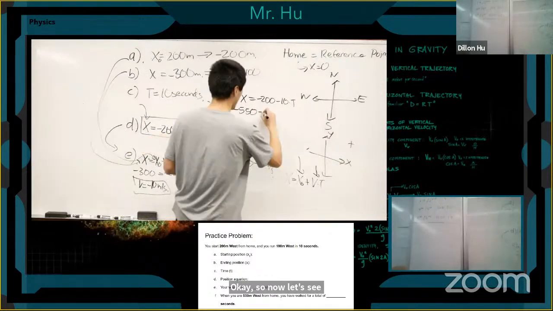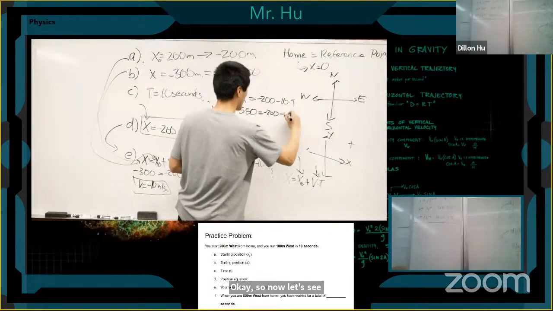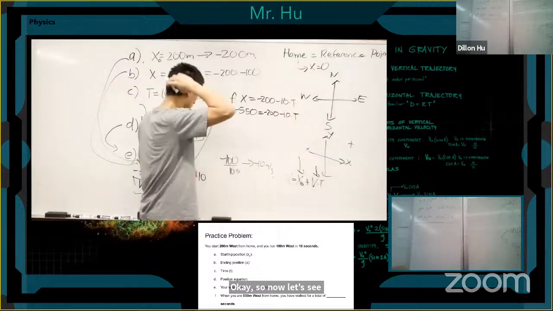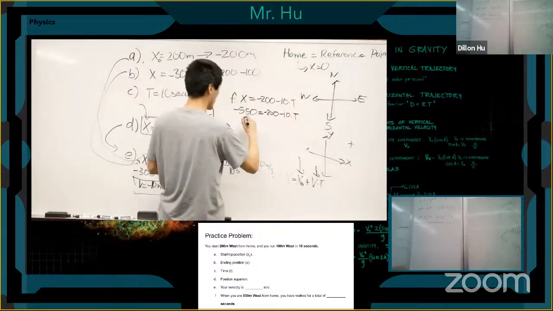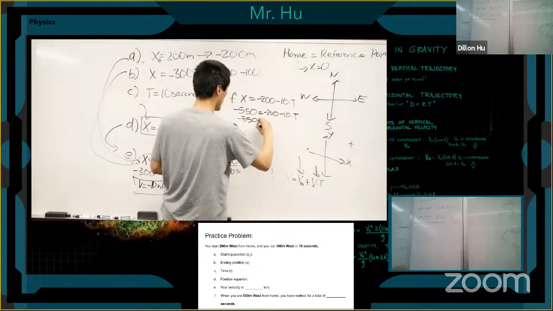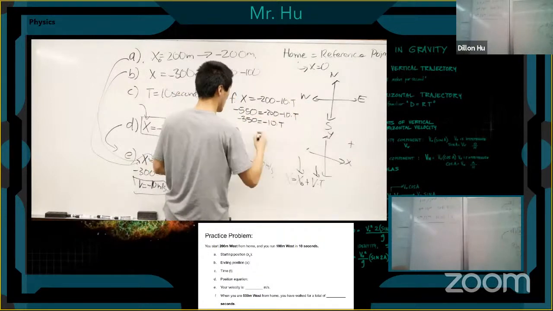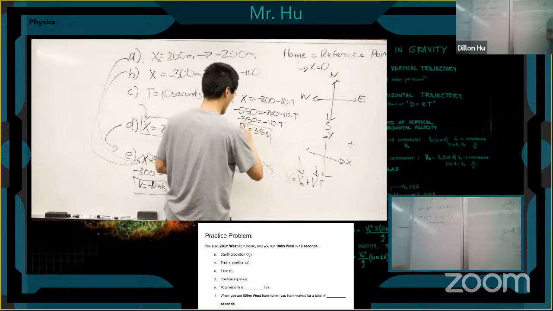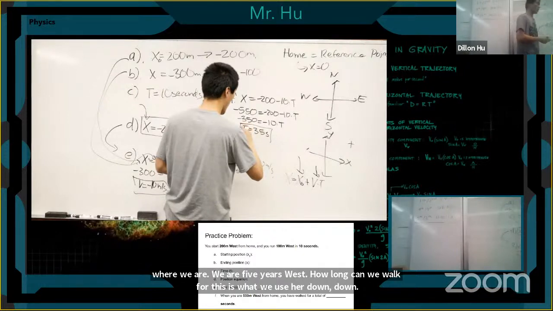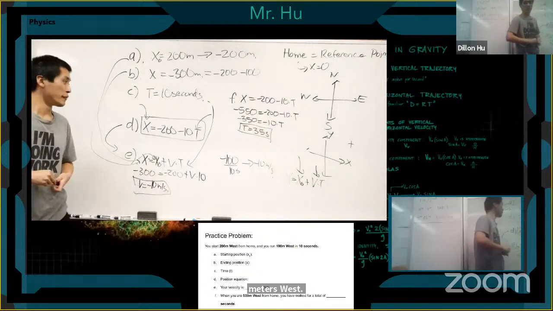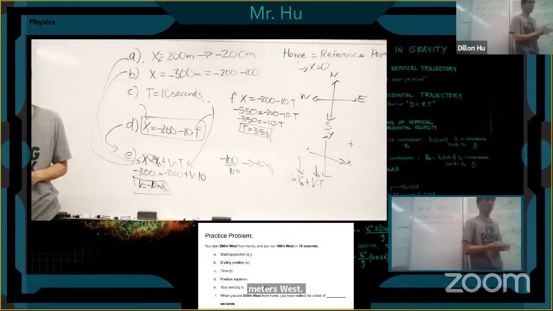This is equal to negative 200 minus 10 t. So we can write this out: negative 350 equals negative 10 t, and t is 35 seconds. It's 35 seconds to walk to 550 meters west if you're starting from 200 meters west.